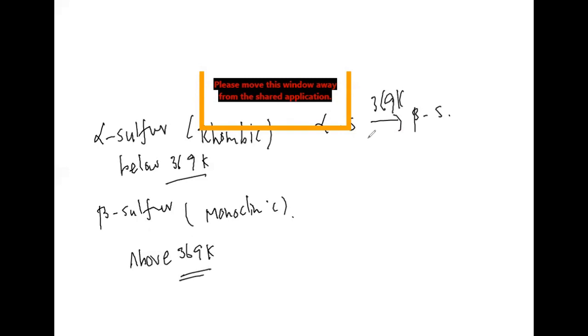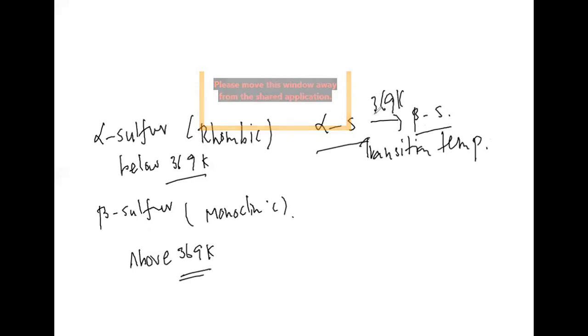That temperature we call the transition temperature. At the transition temperature both are stable; above it beta sulfur is stable, below it alpha sulfur is stable.